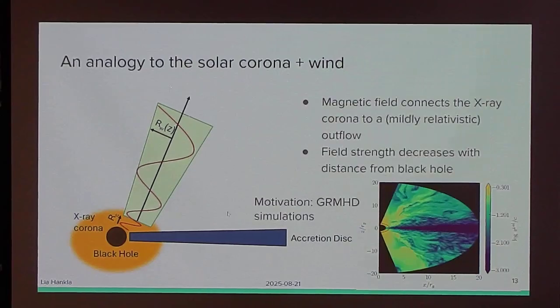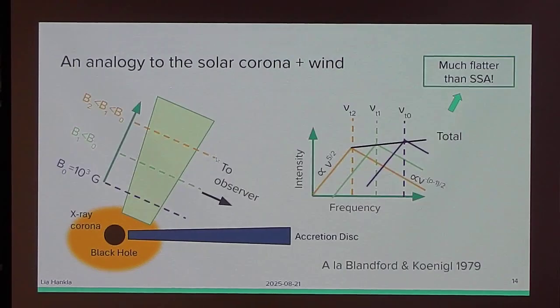This is also motivated by GRMHD simulations. You can ask me about this; I have a little bit more plots here. There are these outflows in simulations of black holes without jets, basically.